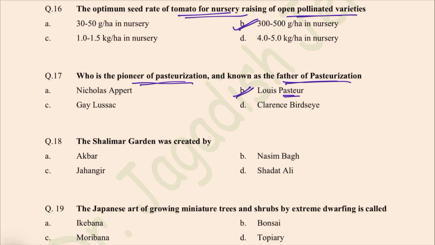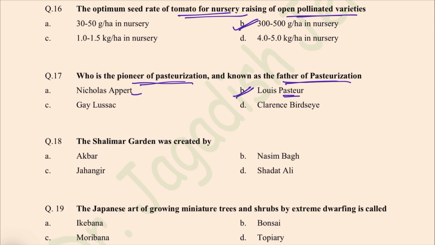Nicolas Appert, whereas, is known as the father of canning. Gay Lussac was a French chemist who worked on gas laws. Okay, clear. Clarence Birdseye is known as the father of frozen food.